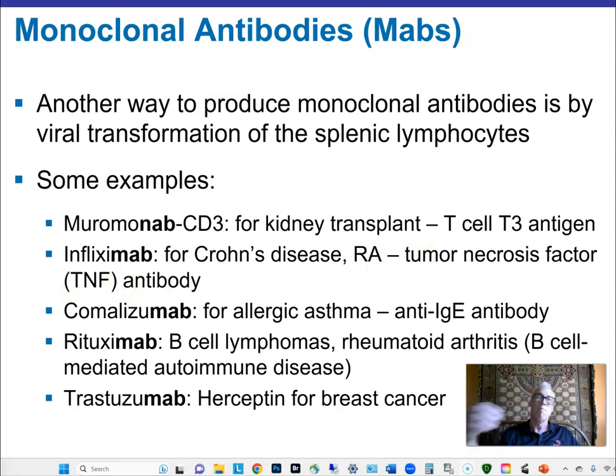And TNF alpha is a major inflammatory cytokine released by activated macrophages. It turns out that that is one of the key activators of inflammation in chronic diseases like Crohn's disease, which is an ulcerative disease of the intestines. It's an autoimmune disease. And so this antibody binds up the tumor necrosis factor so it can't bind to its receptor on its target cells and cause inflammation.